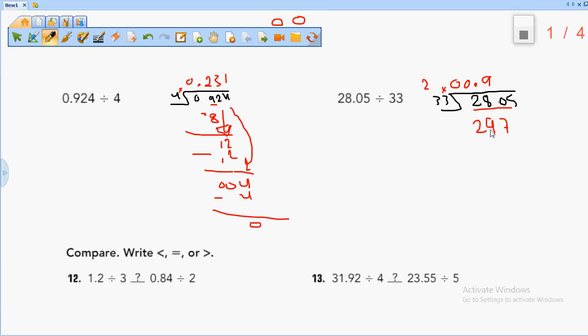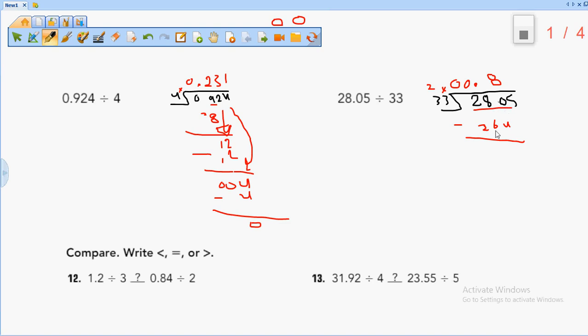Look here, 297 is greater than 280, so I can't take 9, I will take a number less than 9. I will take 8. 8 times 3, 24. 8 times 3, 24 with 2, 26. Look here, I can take 8, the answer here is less than the dividend.